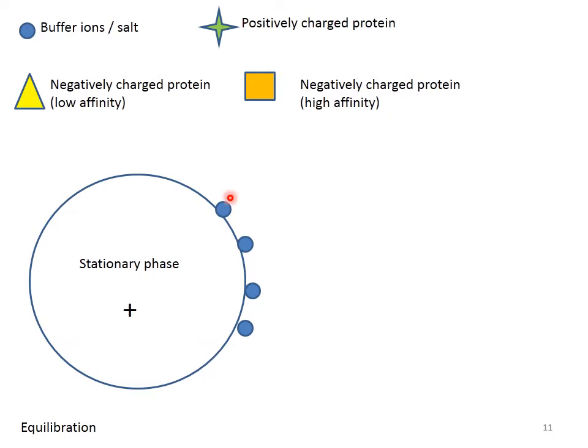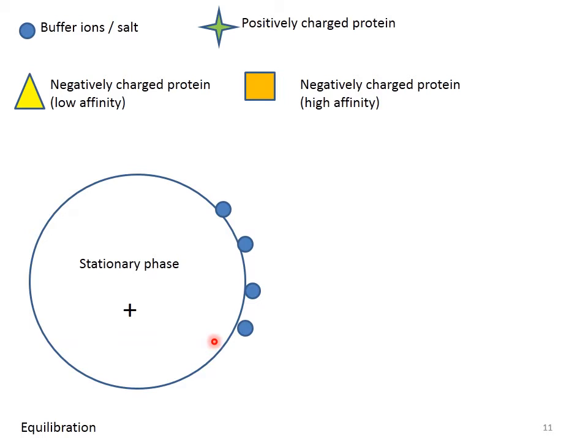In this illustration, only these few charged salt ions are shown here. Of course, they will be bound on the entire surface of the stationary phase. The stationary phase generally is made up of small beads which contain functional groups on them, and the functional groups are charged. So this represents one bead of the stationary phase.